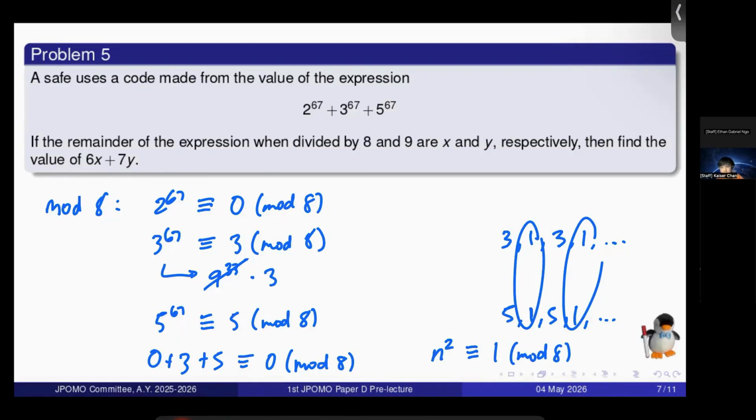Cool. So now we do the same thing for mod 9. Can someone give me the remainders for each of the powers using a similar method? Okay, cool.